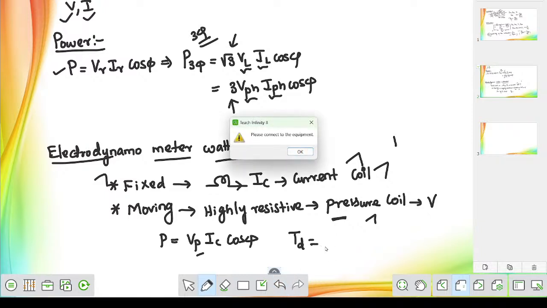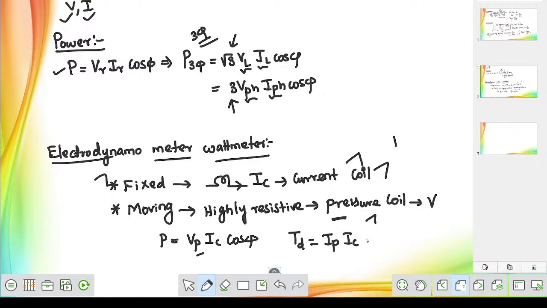We will have to play with two coils. From the pressure coil voltage, we will be bringing the pressure coil current, and then the current coil current, and the cosine of the phase angle difference between the two quantities, and then the mutual inductance offered by them with respect to the deflection theta. So that is the formula to obtain the value of deflection torque.